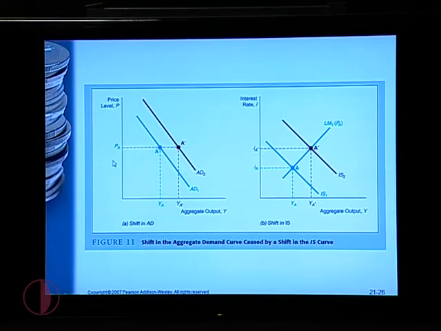At price level PA, YA is achieved. From point A to point A prime, the level of output is YA prime, and it shifts the AD curve from AD1 to AD2, from A to A prime.